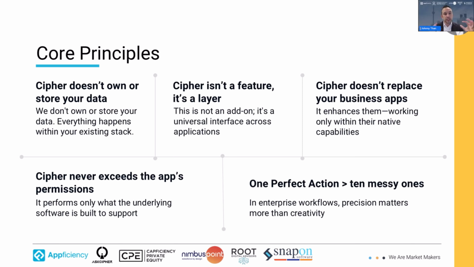We've really started to understand how a single small use case can provide all the ROI that an enterprise needs to adopt an AI layer like Ask Cipher. So one perfect action is greater than 10 messy ones is one of the core principles of our Ask Cipher layer as well. That gives you some idea of what Ask Cipher is all about.